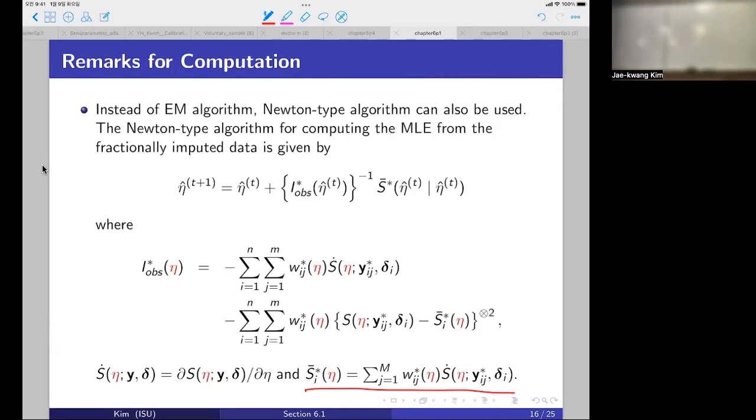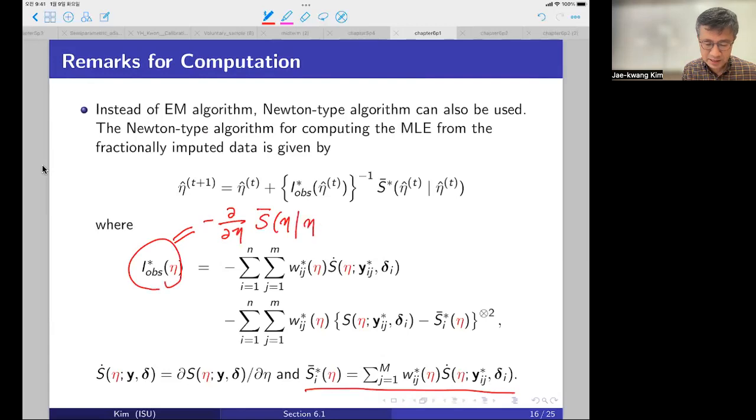And the observed information, what is the definition of this guy? The definition is minus the partial derivative of the score function, so S bar eta given eta, something like that.